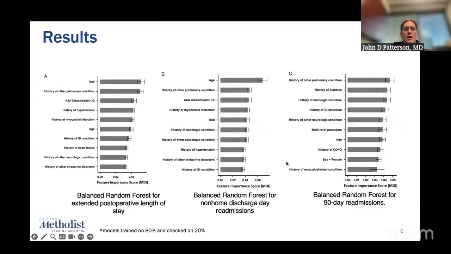For non-home discharges, age was actually the most important factor, as well as, again, pulmonary conditions and ASA class greater than 2. And then for the 90-day readmissions, we see age and BMI are less important. They are only showing 12 of these different factors in these graphs, but they had 64 total factors that they were considering.